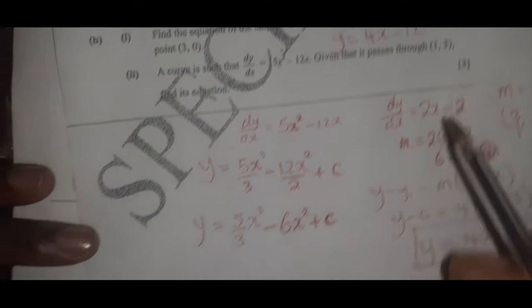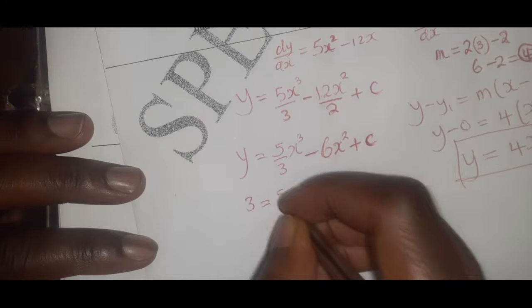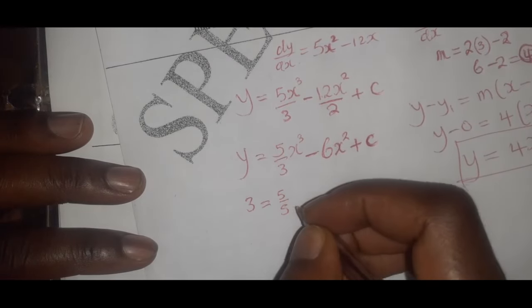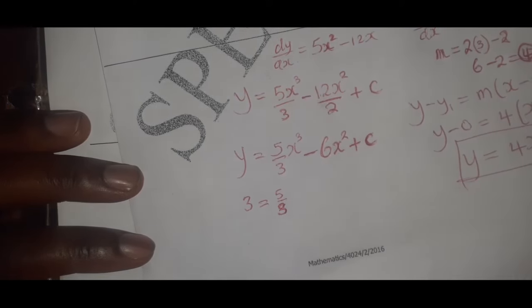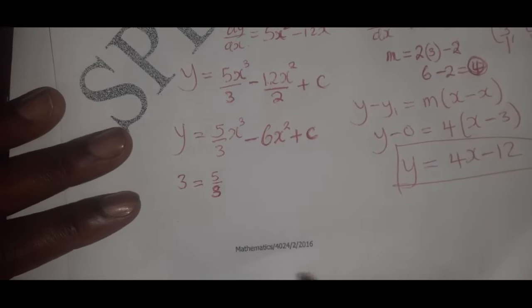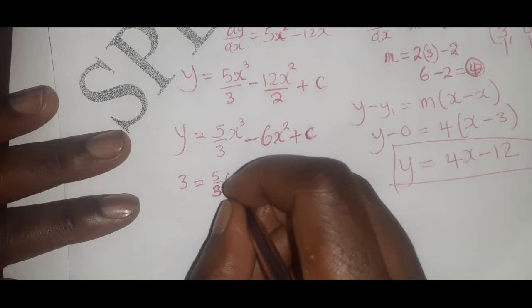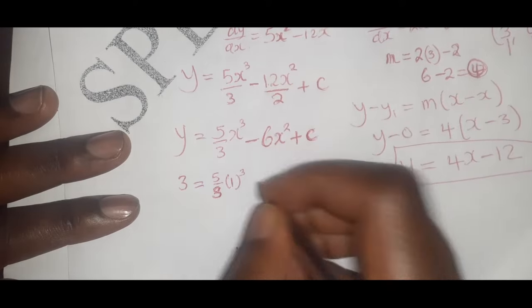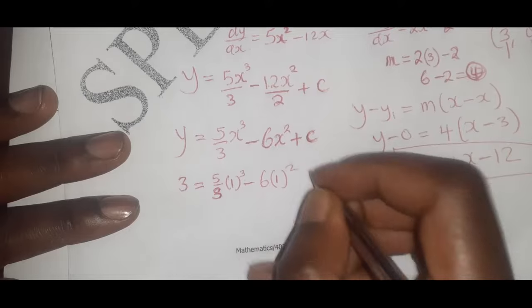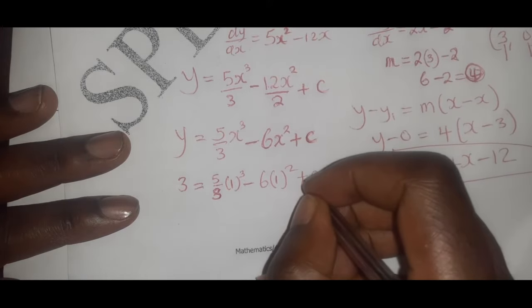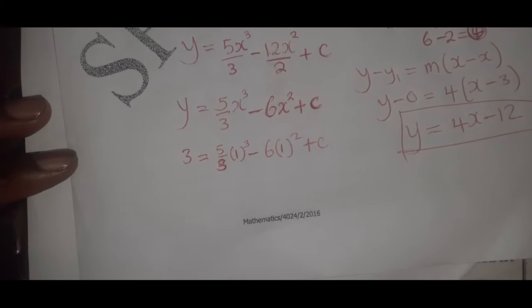So we're going to say when y is equals to 3, then x is equals to 1 minus, okay. This is what we have.